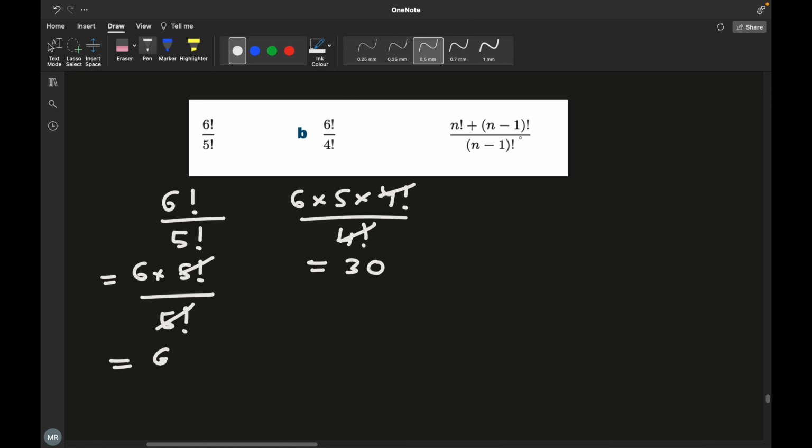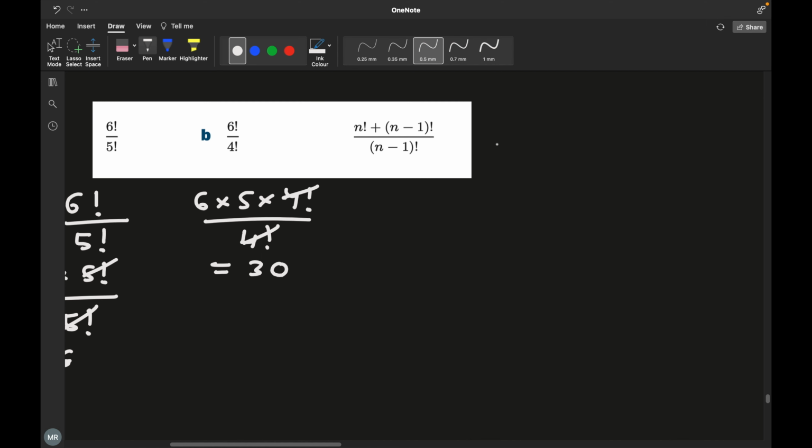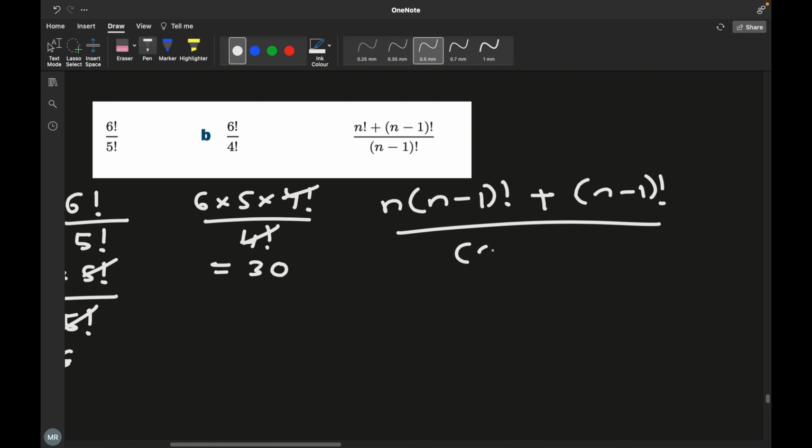And now this might seem complicated, but let's break it down. We can write n factorial as n into (n minus 1) factorial plus (n minus 1) factorial, divided by (n minus 1) factorial. We'll take (n minus 1) factorial as common. So we're left with (n minus 1) factorial into (n plus 1).